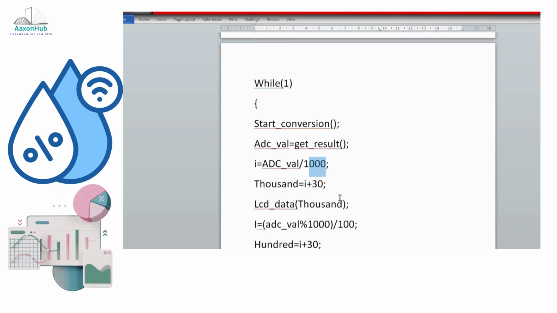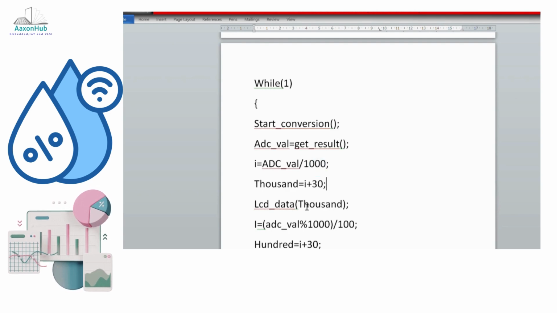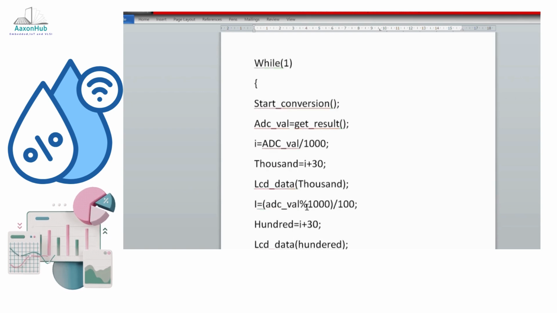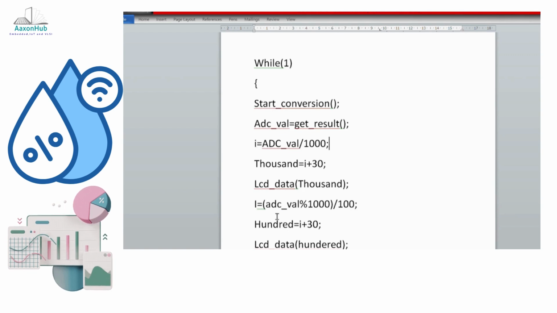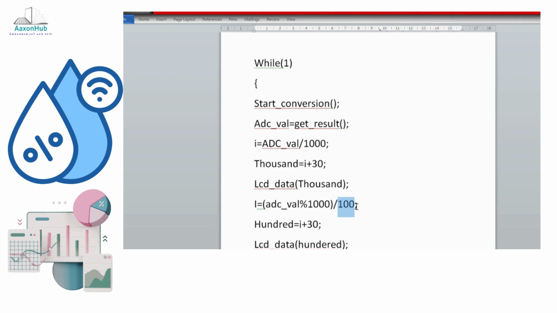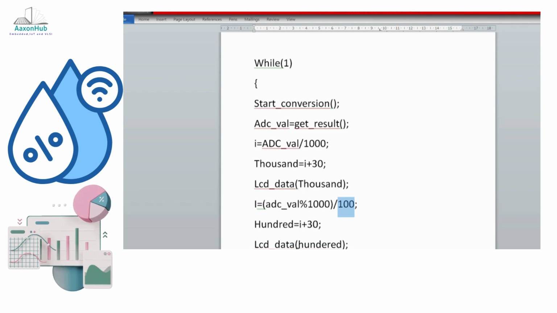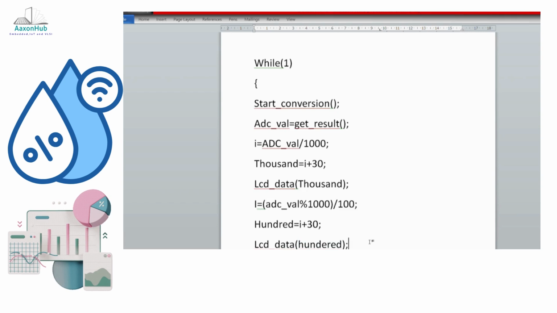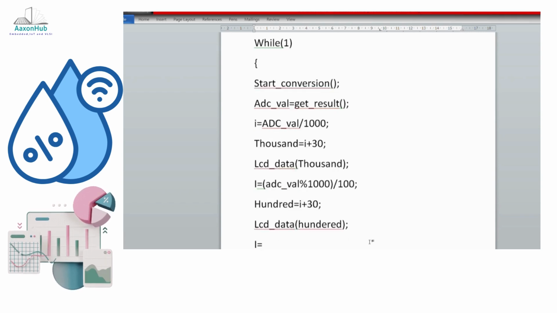After that, a similar condition has to be applied for the 100 place. The previous remainder, I, gets divided by 100. Whatever the result is, we simply add 30 to it, and immediately with the help of the LCD data function we display that hundreds position. In the same way, we write the function for the tens position as well as the ones position.